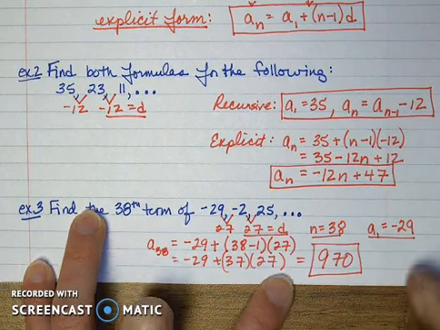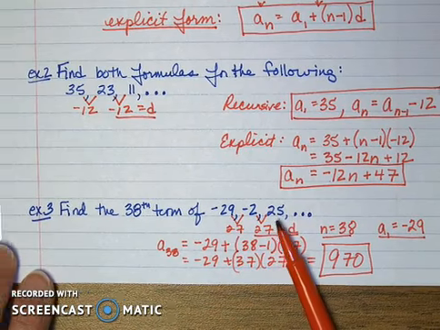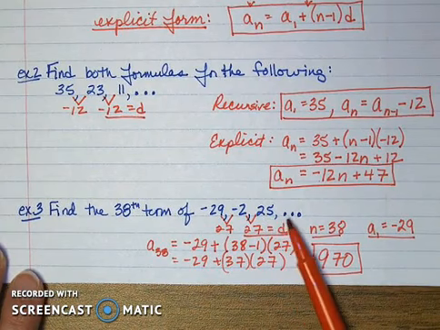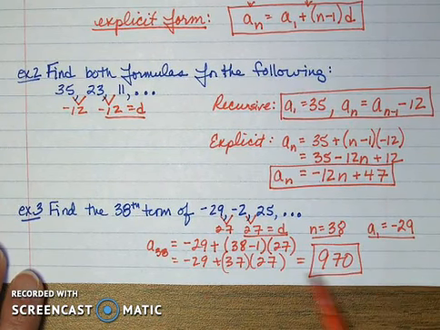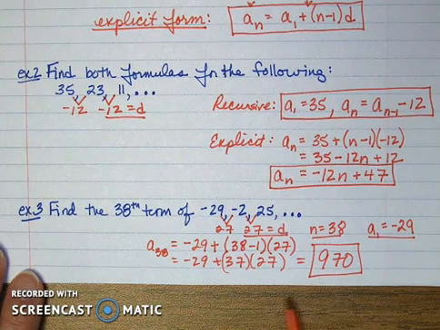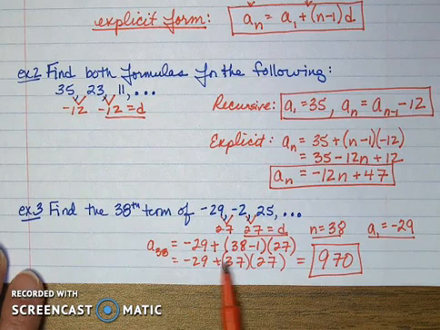Now that's a lot faster than sitting there with that sequence and adding 27 each time until you get to 38 terms. This is much quicker. And so we like this formula, and it helps us in finding very large number of terms in relatively easy work. Let's try another one.